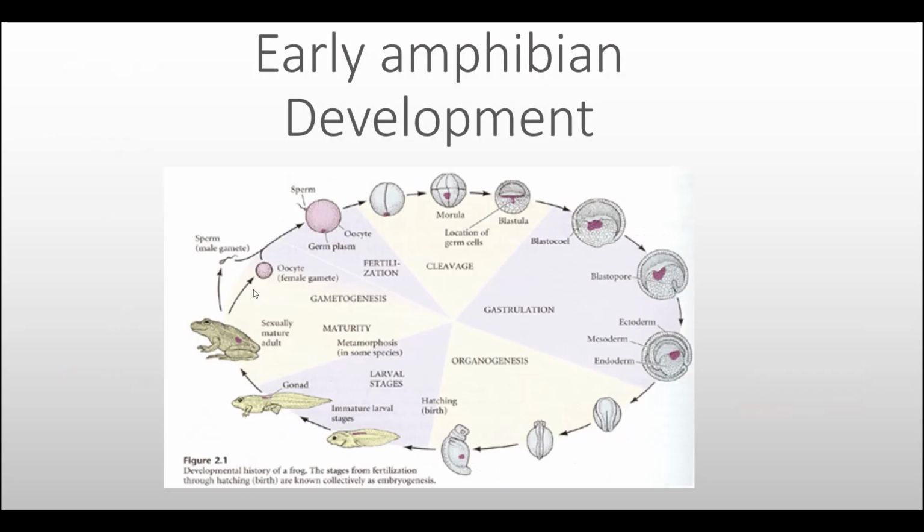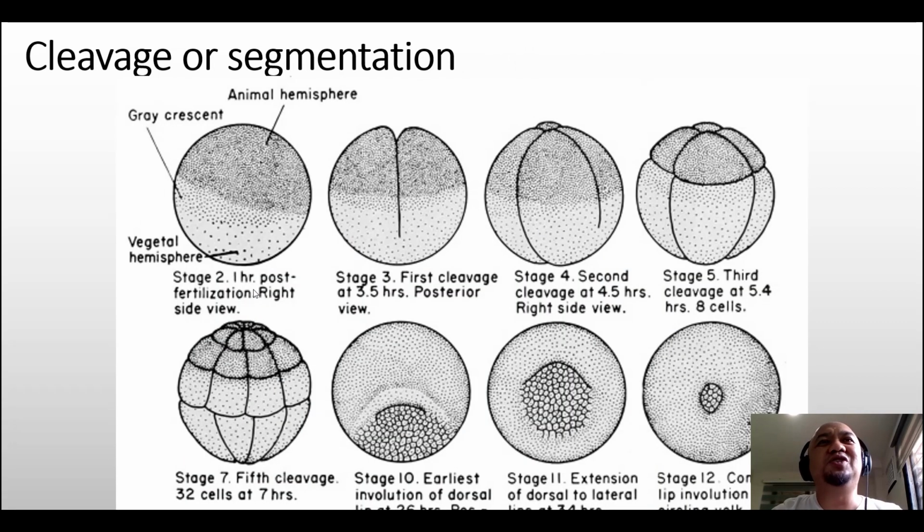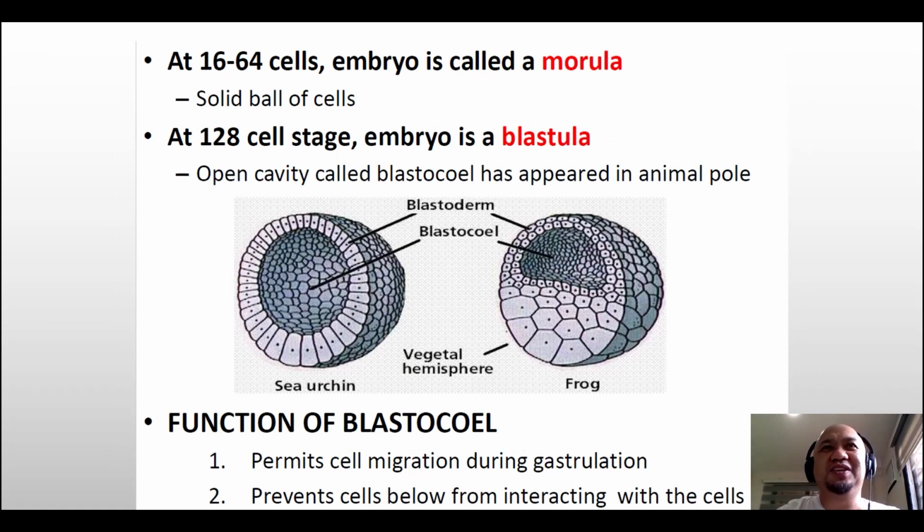Hi there, our lesson for today is about early amphibian development, or the early development of Xenopus laevis. Cleavage or segmentation of the development of the Xenopus laevis. Okay, at 2 to 3 hours, the first cleavage forms on the posterior view. 16 to 64 cells.